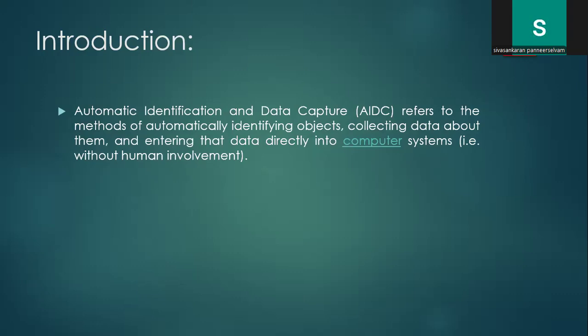So here in this process, the job of the human work will be reduced completely. Instead, we will be using automatic reading and data capturing machineries for feeding the information into the system as well as for retrieving the information from the system.